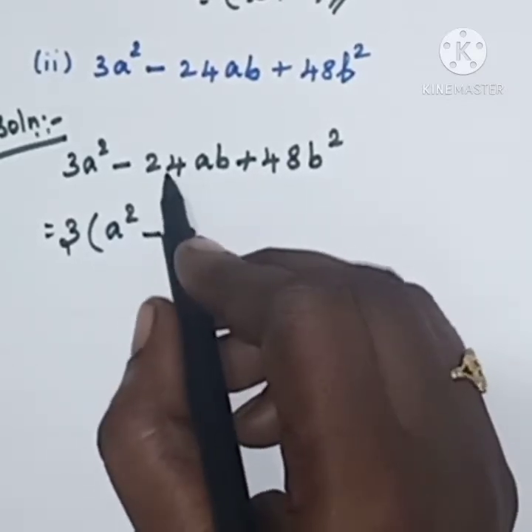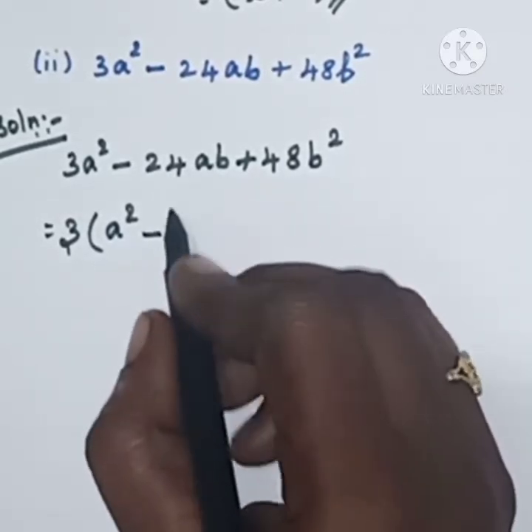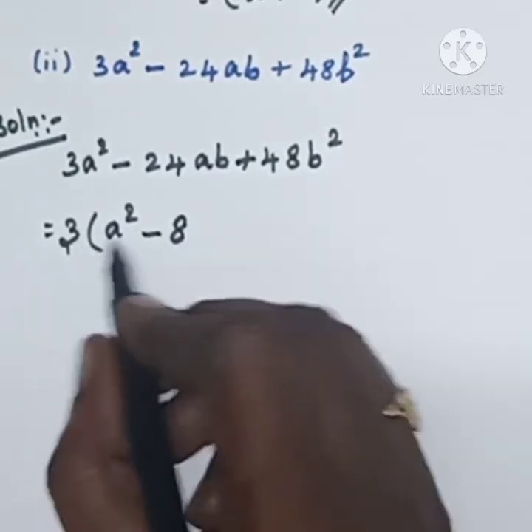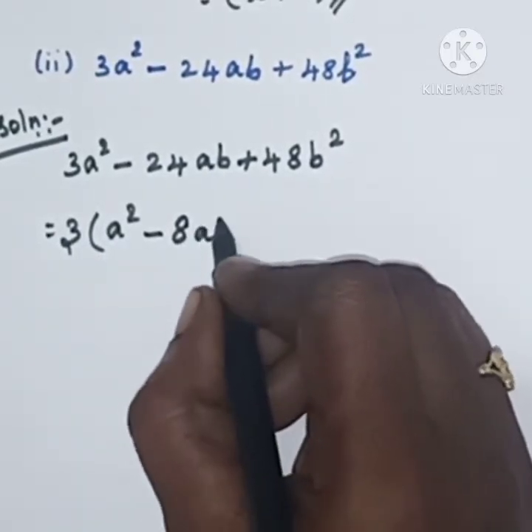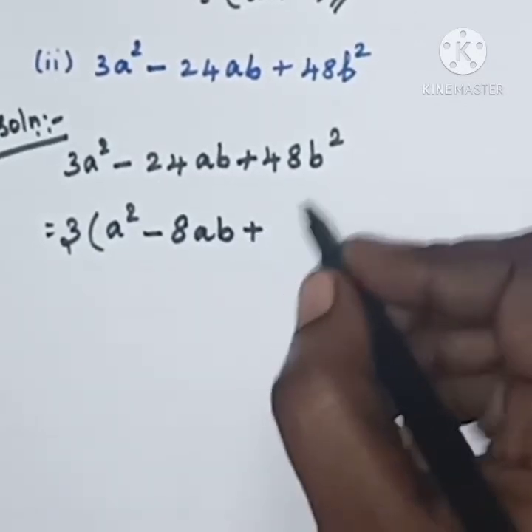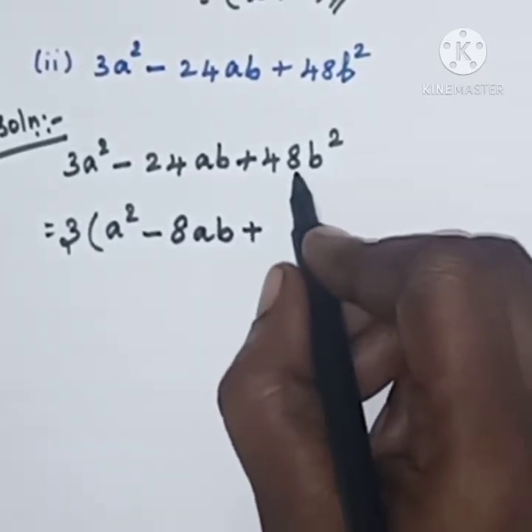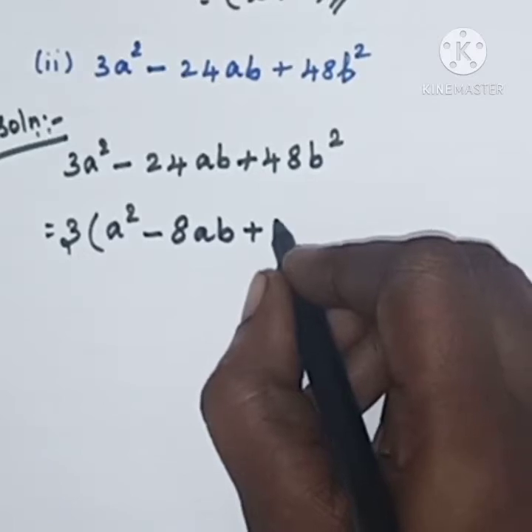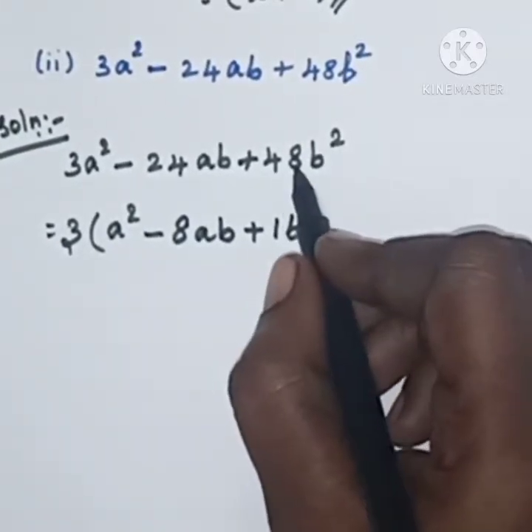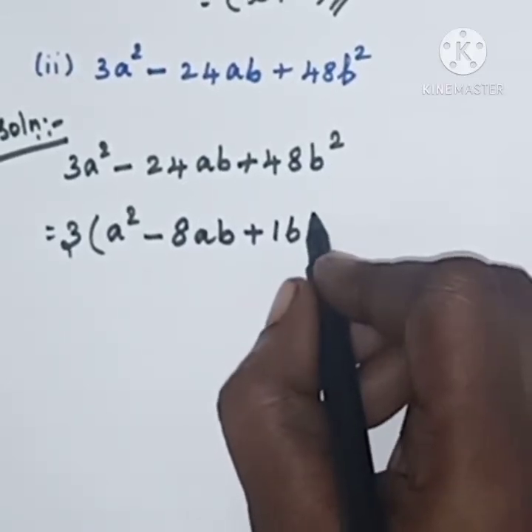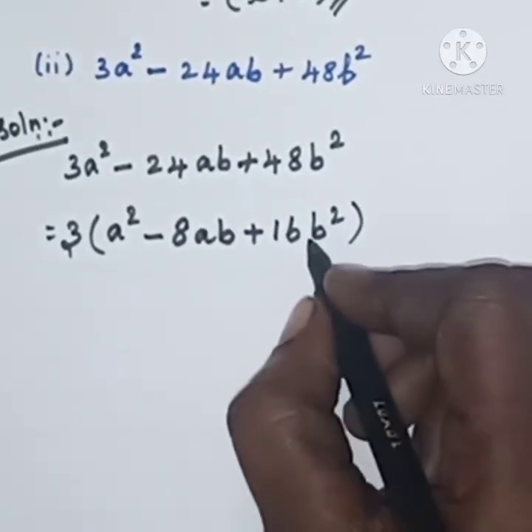In the second term we have 24, so put 8, since 3 eights are 24, and the variable is ab. In the third term we have 48, so 16, since 3 sixteens are 48. So 16 into b square.